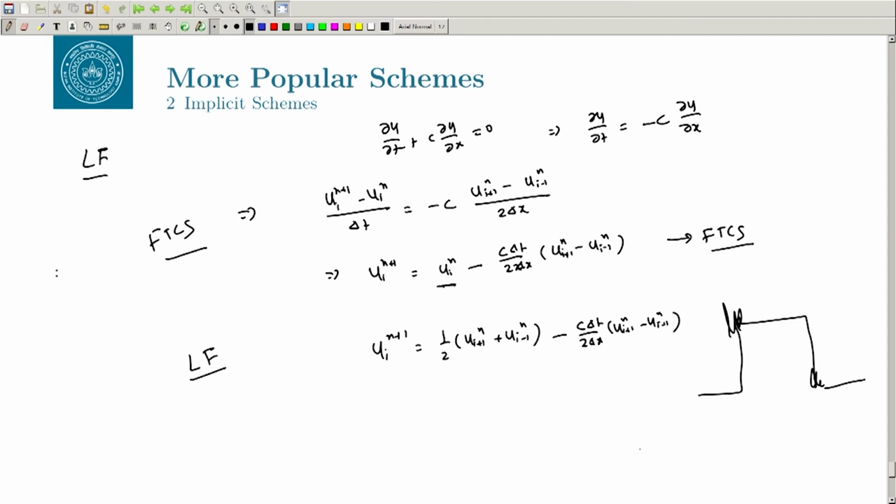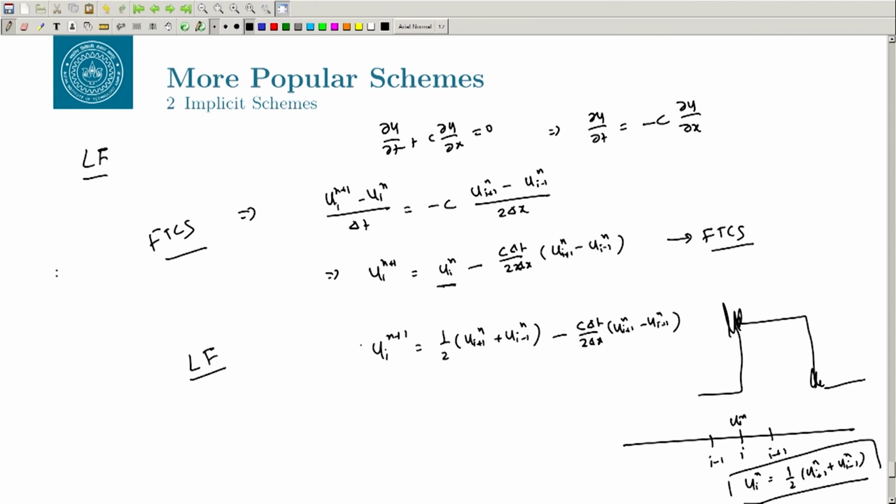So, that means you are taking this value as u i n, this is your i, and we replace it back with this is i plus 1, this is i minus 1. So, you replace the u i n value as half of u i plus 1 n plus u i minus 1 n.